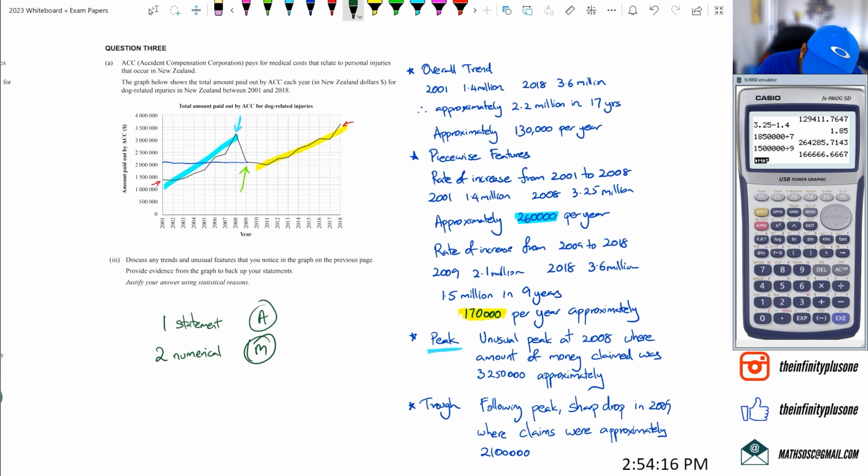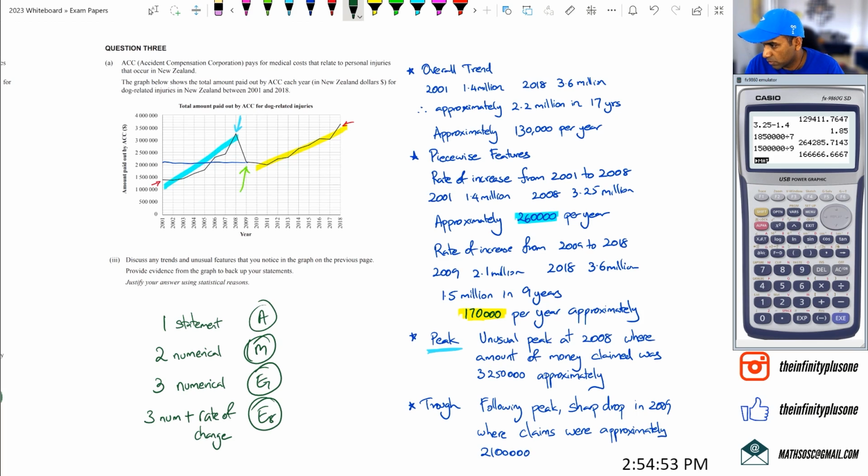Three features with numerical evidence gets you an E7. But an E8 is when you talk about three numerical plus a rate of change calculated. And I think I calculated about three of them. I calculated one in the overall trend, and two in the piecewise function, which means I'm going to get E8 for this question here.